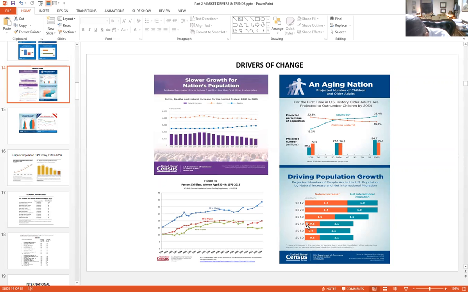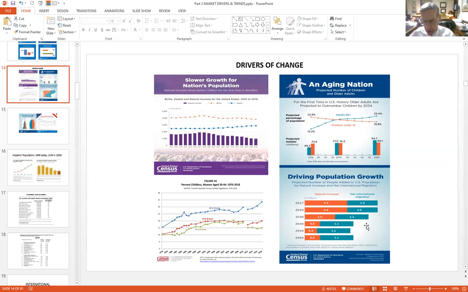As a matter of fact, beginning in 2030, it's only 1%, and after that, it's less than 1%. So the blue lines represent immigration. And if it weren't for immigration, there wouldn't be much growth in the United States population at all. And we'll get into that a little more later because it's extremely important.